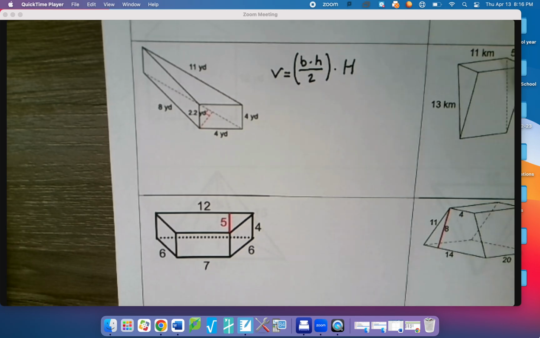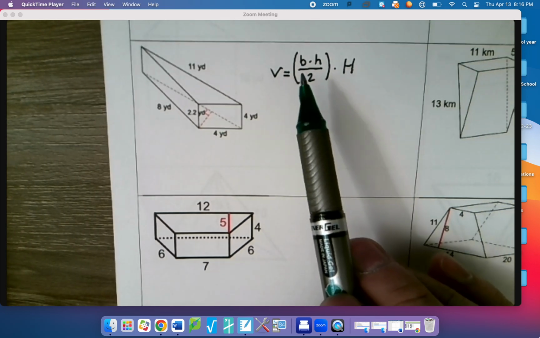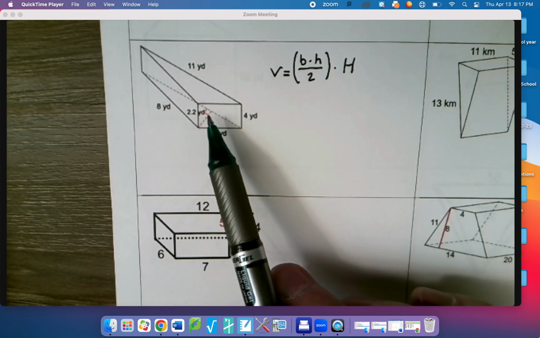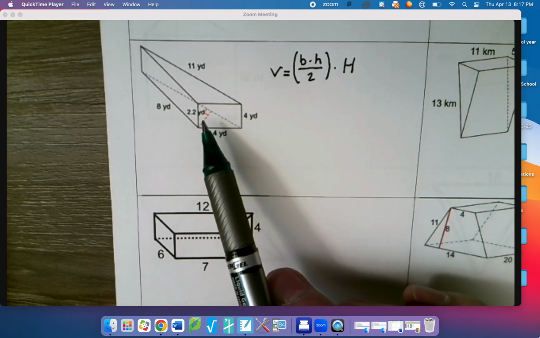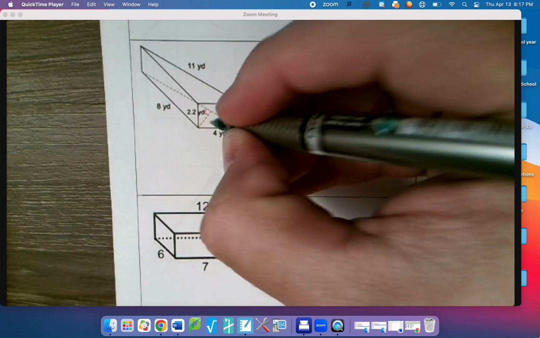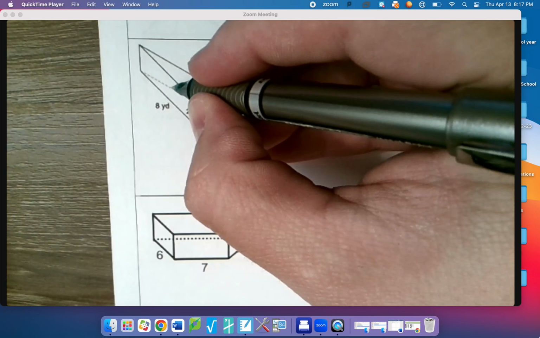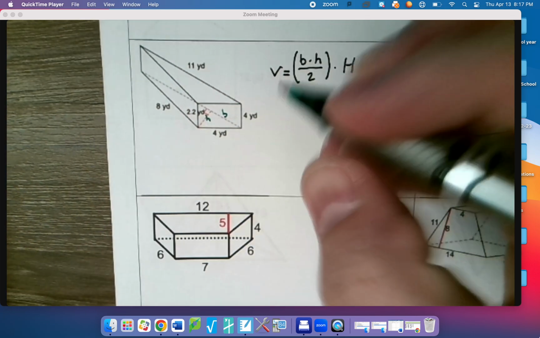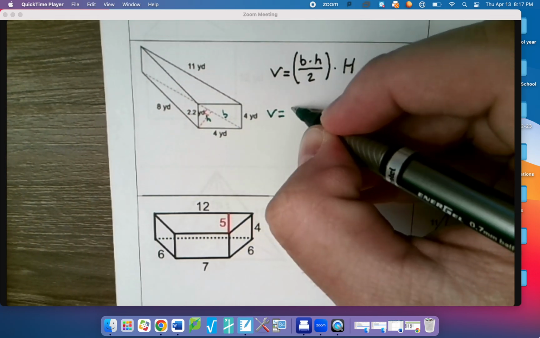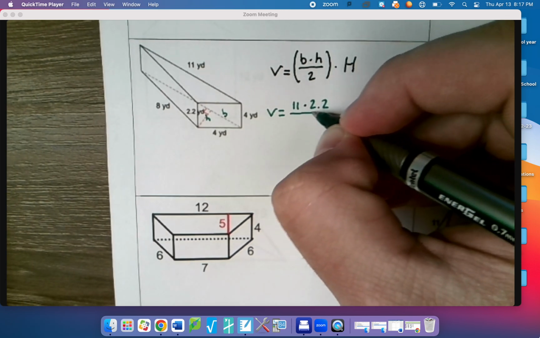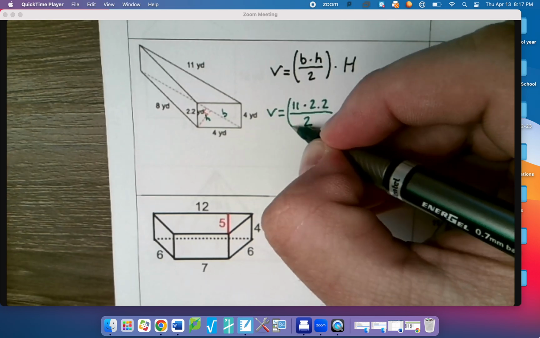What I need to find for our triangle is that little base and the little height. So the 2.2 right there, that's the height of the triangle. So that's little h right there. And it's connected to this dotted line right there. So that's my base. So what I really have is 11 times 2.2 all over 2.